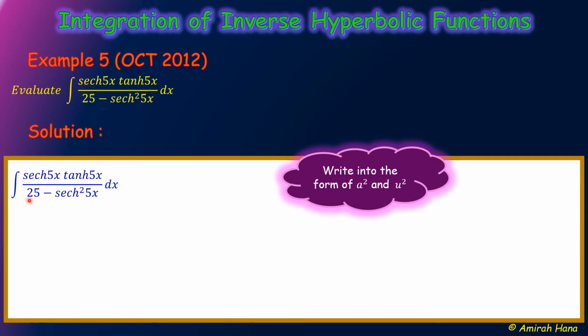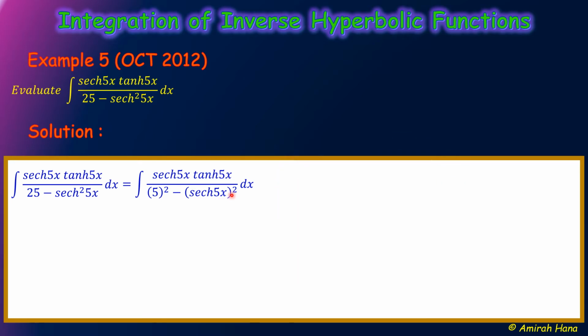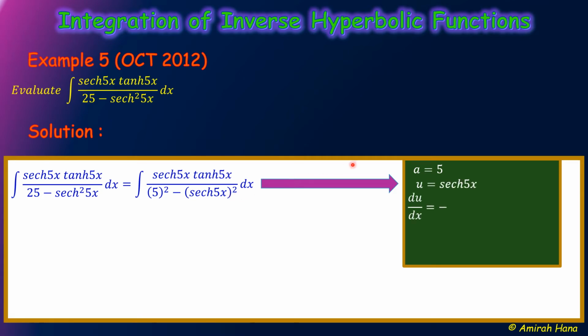So from the denominator, we write 25 equals 5 squared, and sec squared 5x as sec 5x in brackets squared.